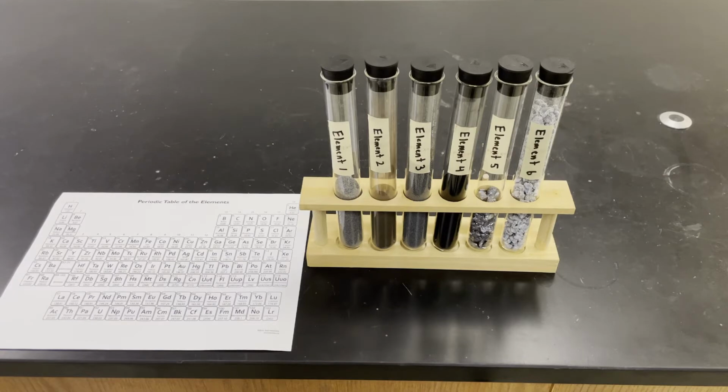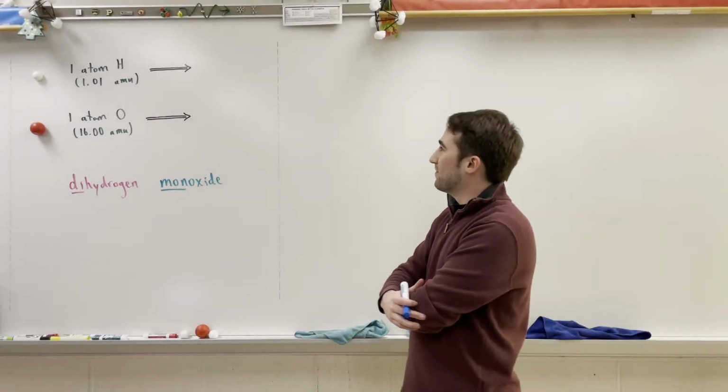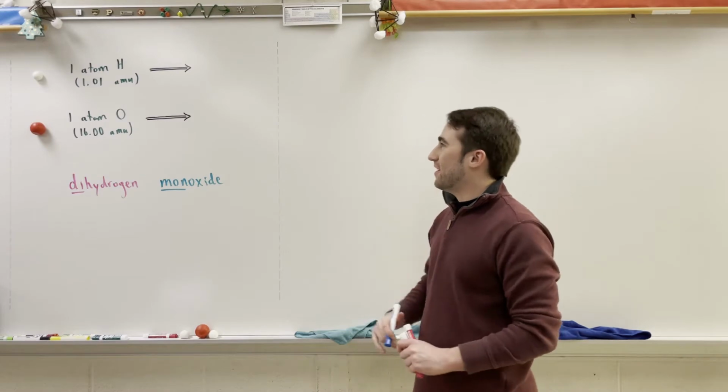Now let's look at some tougher ones where it's not just pure elements, but compounds. In other words, we have multiple atoms of different elements stuck together. We have to try and figure out what their molar masses are. Let's start over here with this example.